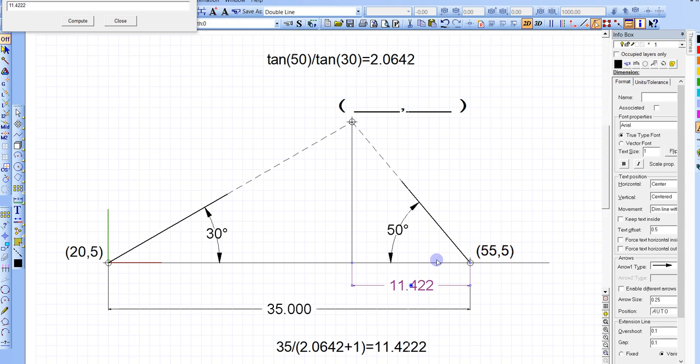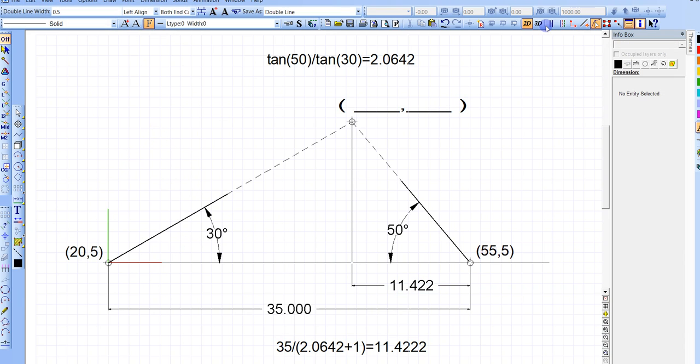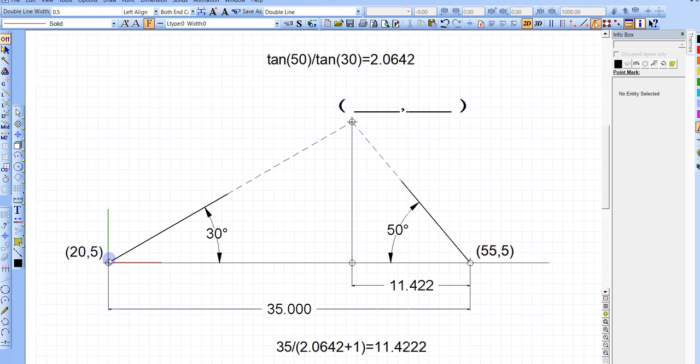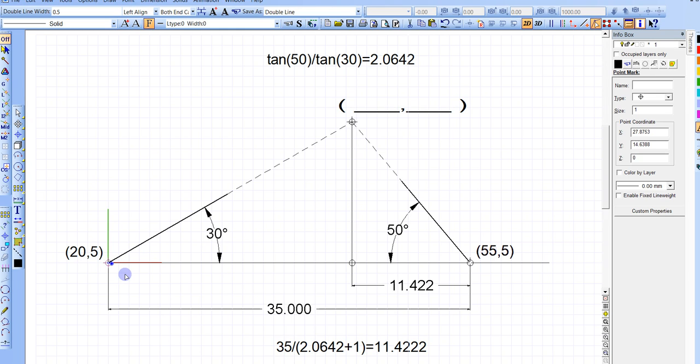And then it's just simple math. You just subtract 11.422 from 55. 43.578. So if we put a point there, the x coordinate will be 51. So this isn't in the coordinates. Let's see where we got this.